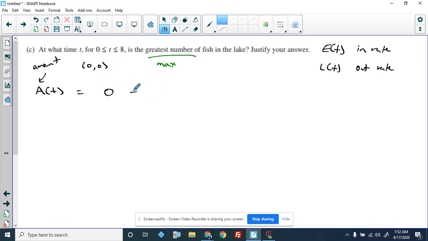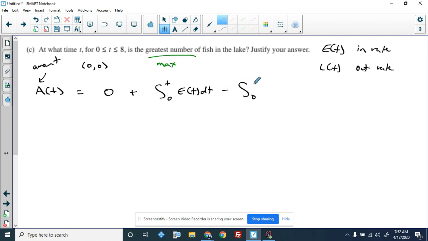Plus what? How can I represent the amount of fish that have entered the lake? That would be the integral from the starting time to whatever time we're talking about of E of t dt. That represents how many fish came in. Now, what do I have to do? I have to subtract how many left.